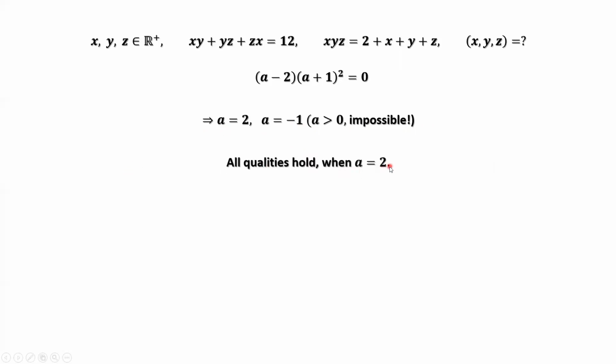When a equals 2, all equalities here hold. By definition, the third root of xyz equals a equals 2. Therefore, x plus y plus z equals 3 times the third root of xyz, which is 3 times 2 equals 6.